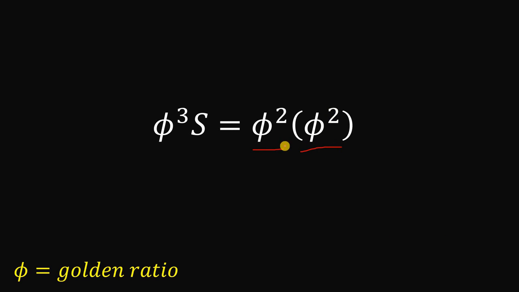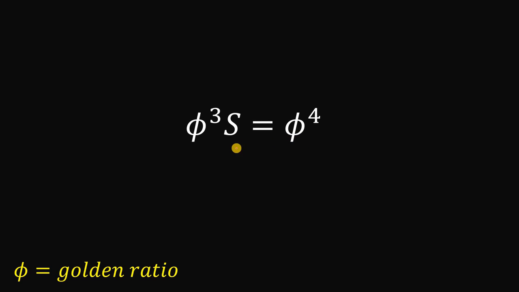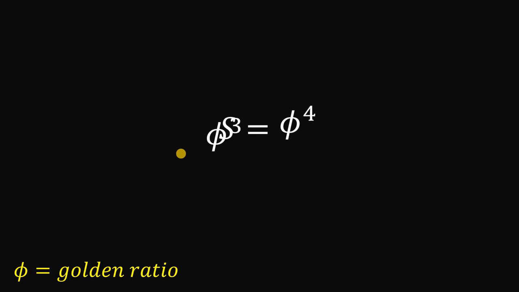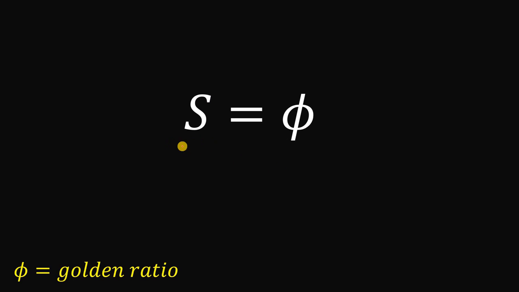Now, phi squared multiplied by phi squared is just phi raised to the fourth power. And to solve for the value of s, let's divide both sides by phi cubed. And using some laws of exponents, phi raised to the fourth power over phi cubed is simply equal to just phi. And that is the value of s.